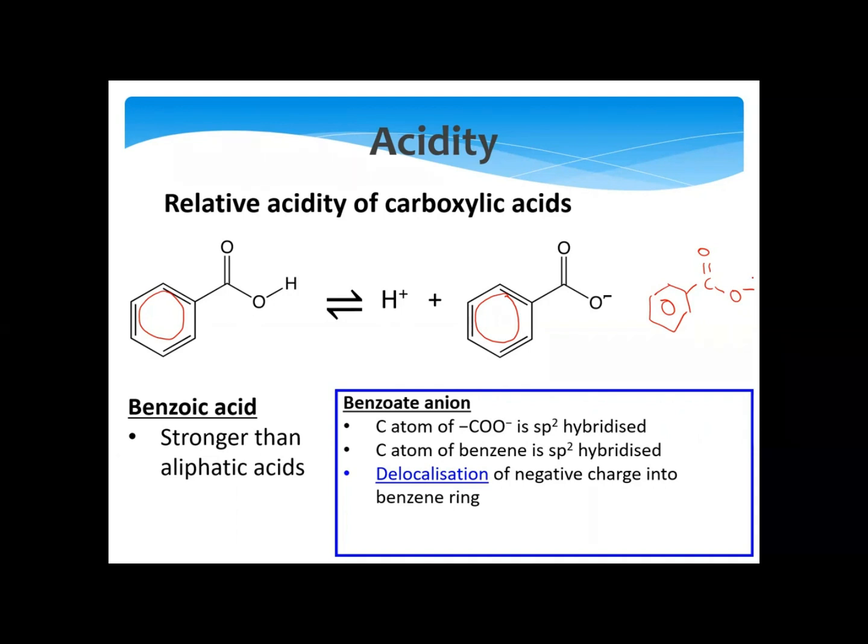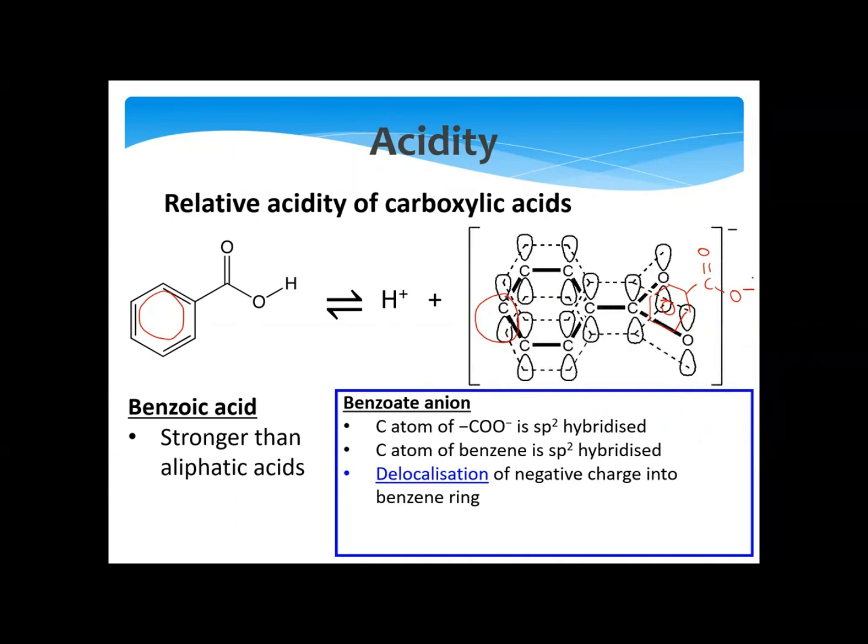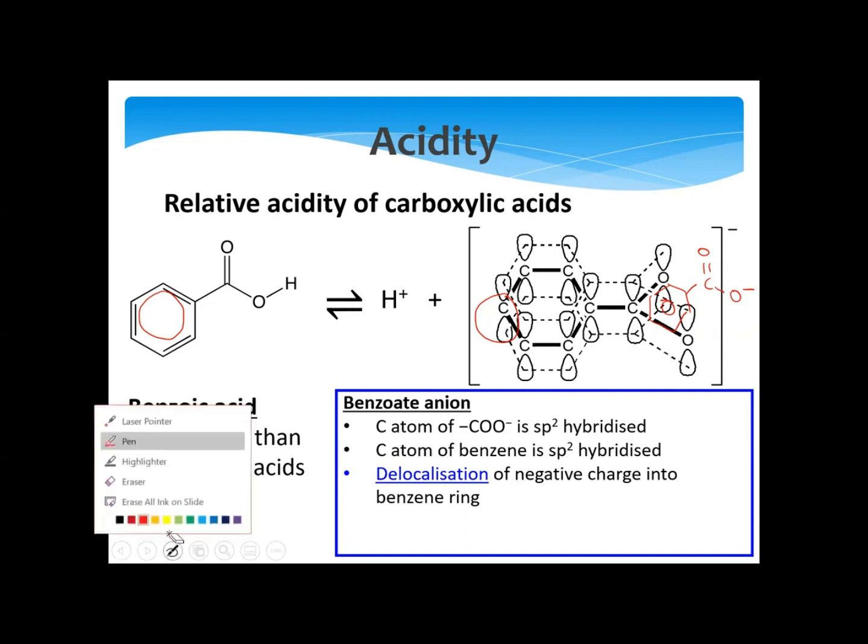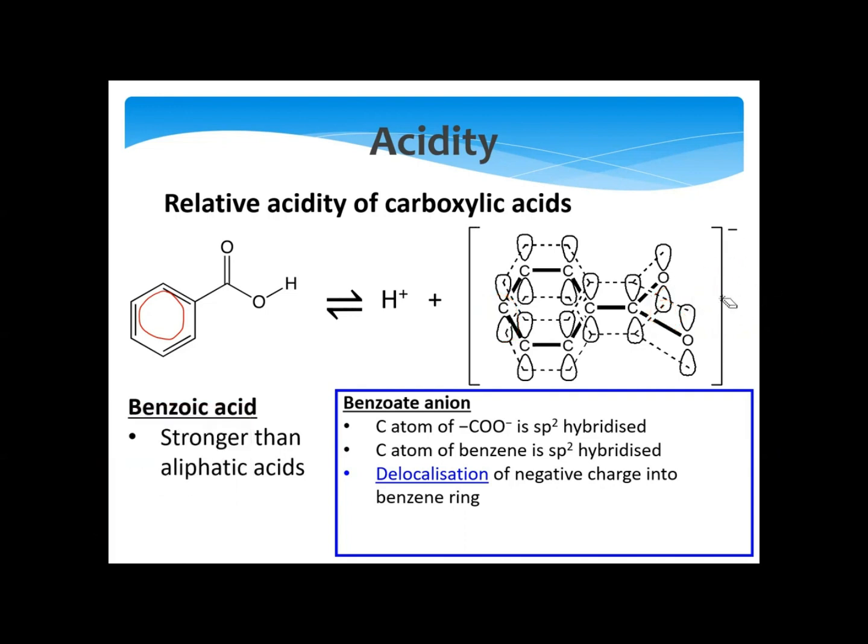So when that happens, the negative charge is delocalized in the benzene ring. Of course, it will stabilize the anion as compared to the aliphatic carboxylate anion. As a result, benzoic acid is stronger than aliphatic acids.